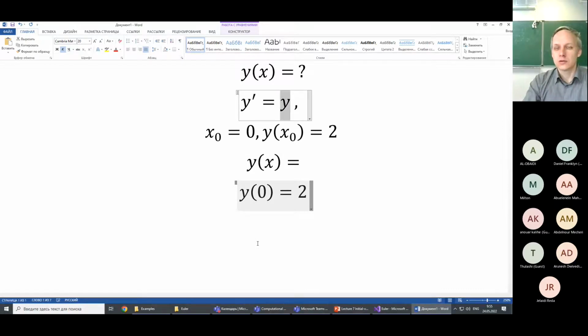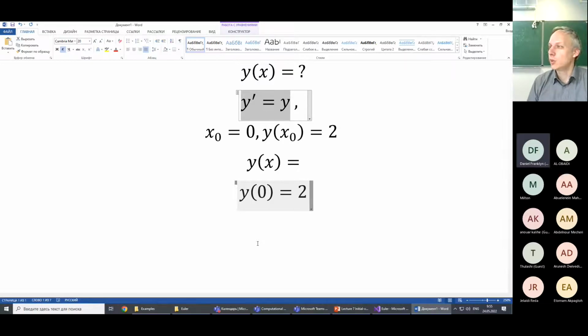Well, now y prime equals y. What function should I take that has the property that y prime equals y?